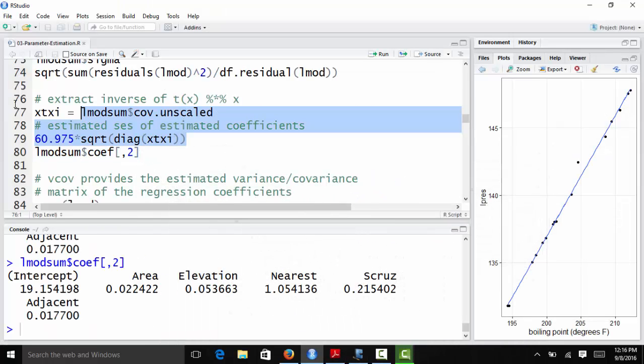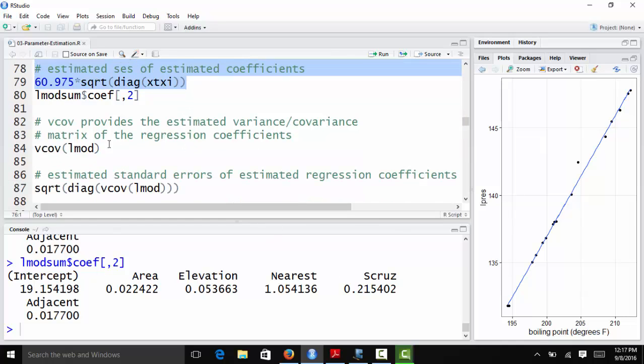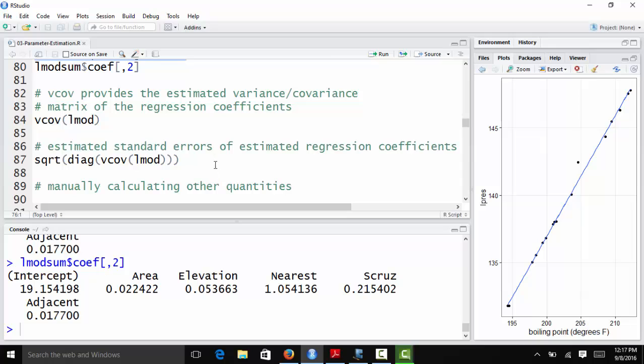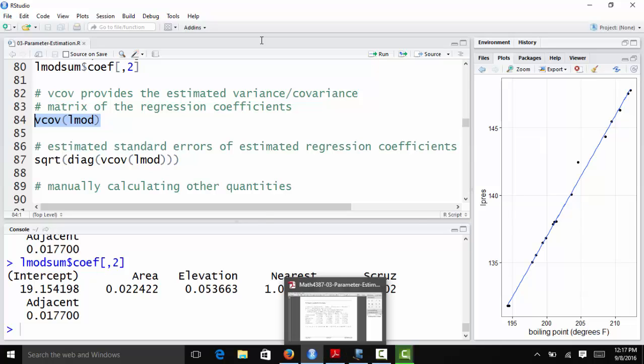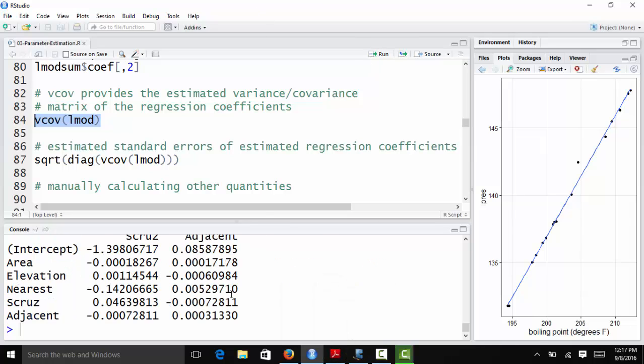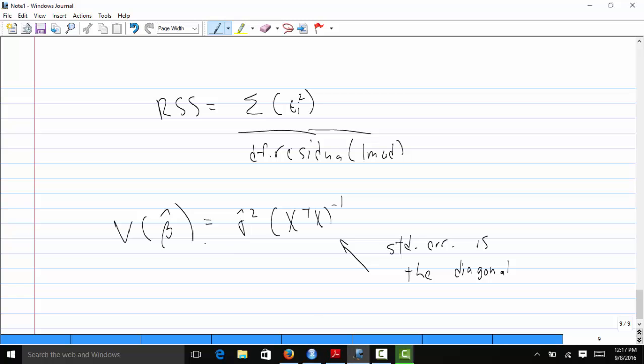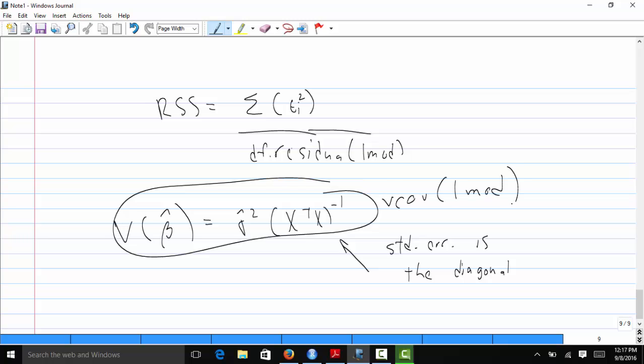And if we actually just wanted that V matrix, there's another function that you can use, the vcov function. So I'll run that here, and it gives you an entire matrix, and that is giving you this matrix right here. This is what vcov of lmod is going to give you. And if we wanted to obtain the standard errors from that, I need to take the square root of the diagonal elements.